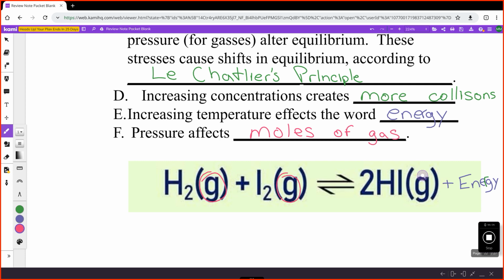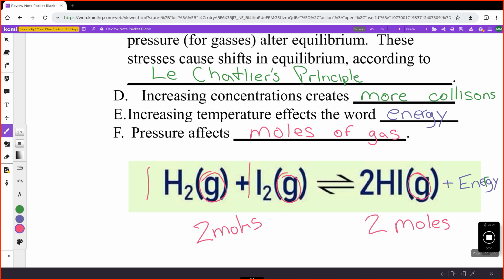Gas, gas, gas. Now, this is not a great example, but I have a total of 2 moles of gas on the right and 2 moles of gas on the left. Right and left both have 2 moles.